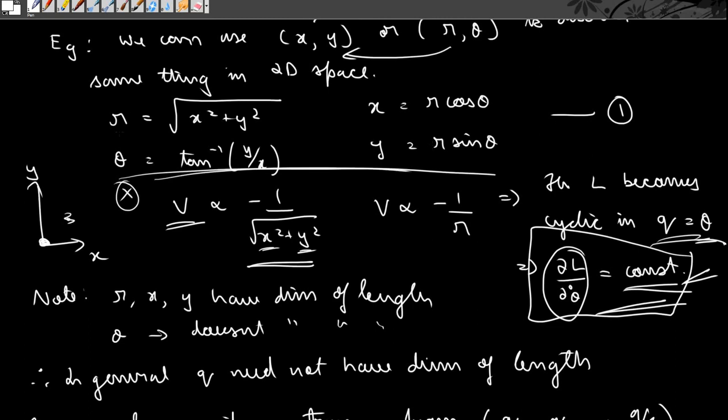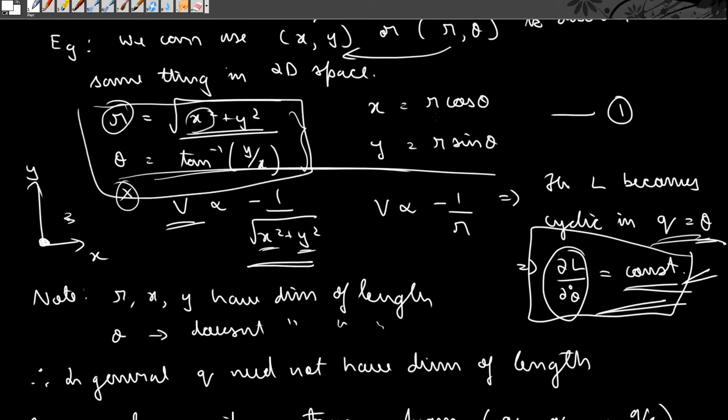Okay, so here you see that the new coordinates are functions of the old coordinates. Here it is not a function of time, but in general you can have a function of time as well. And we see that these are independent, which means that you cannot write theta in terms of r. Plus we see that these equations are invertible, in the sense that we can get our x and y in terms of r and theta.